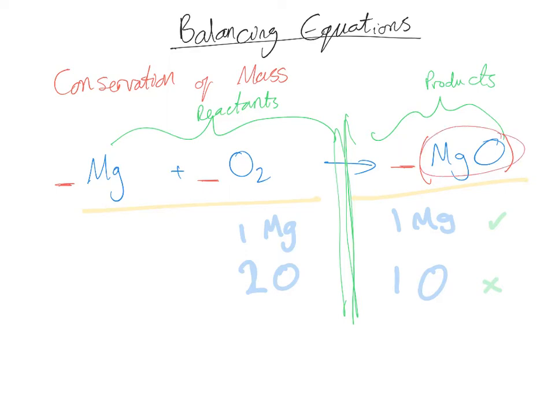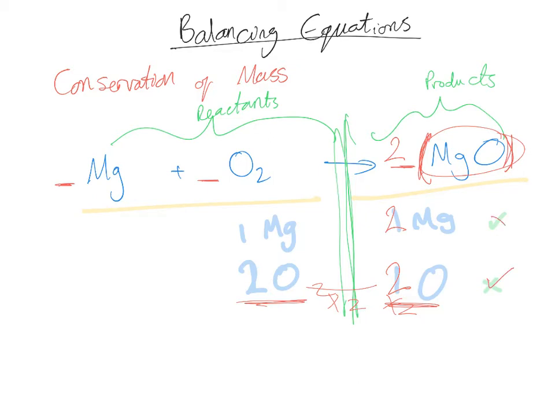To turn one oxygen into two, I need to multiply this side by 2. So that would give me a big number 2 there. This would multiply all of this by 2, so yes, I would get 2 oxygens, but I would also get 2 magnesiums. Now my oxygens match, my magnesiums don't.